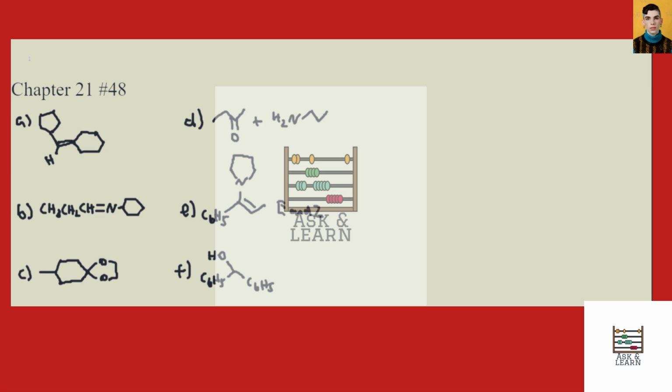So the majority of the molecule remains unchanged, and then we've hydrolyzed our nitrile to a carboxylic acid. And so that's F. So for G, we have a hemiacetal.